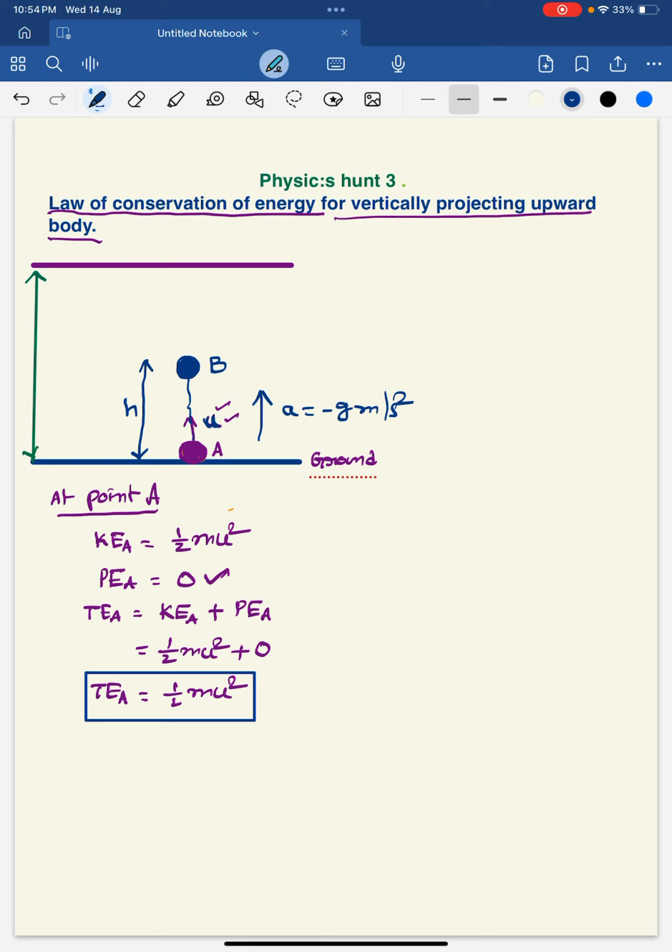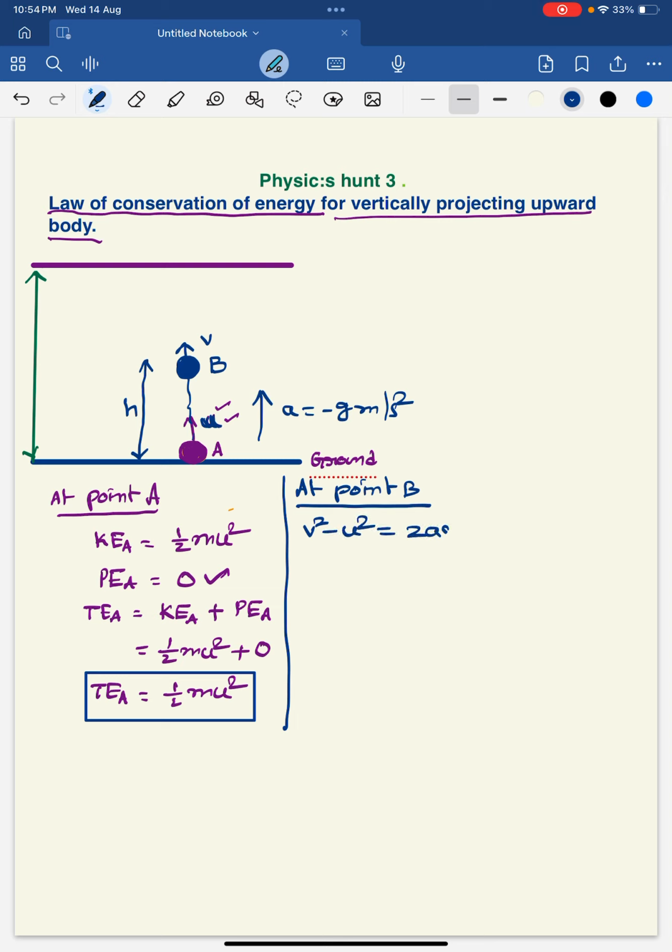The position of the object now becomes, let us assume, B. Whenever the body reaches point B, first of all we need to calculate the speed of this object at this location, because the initial velocity is u. At this location the velocity changes from u to v. So at point B, I'm going to calculate the final speed.